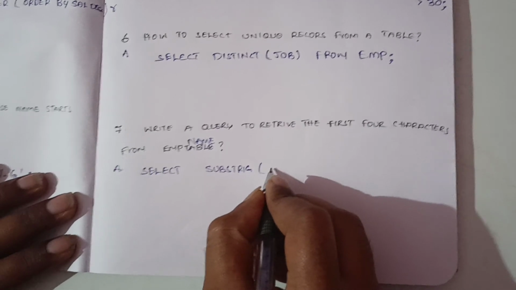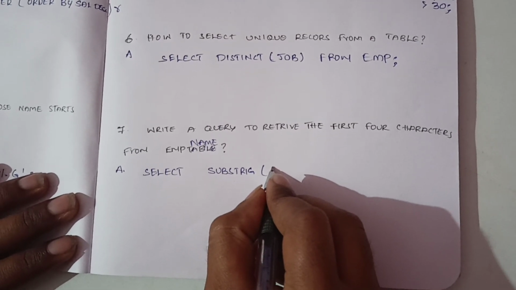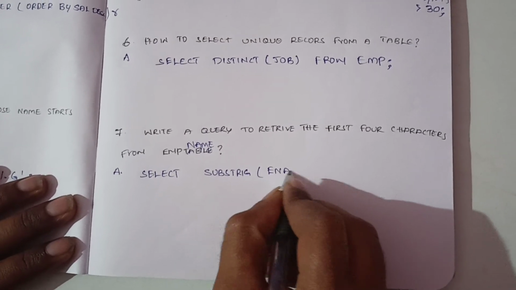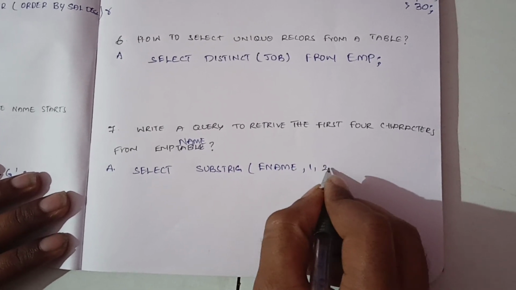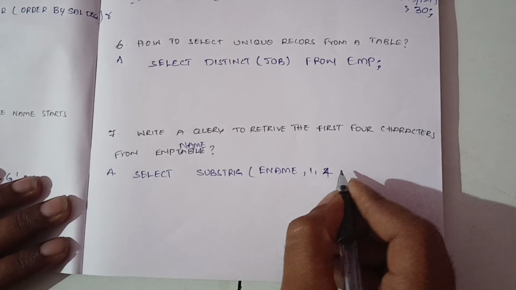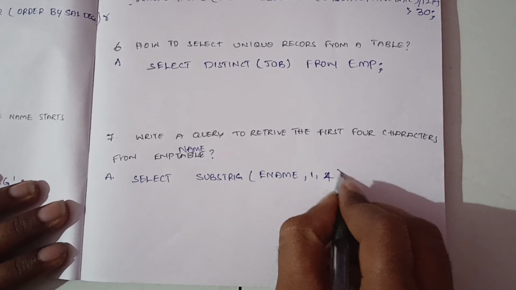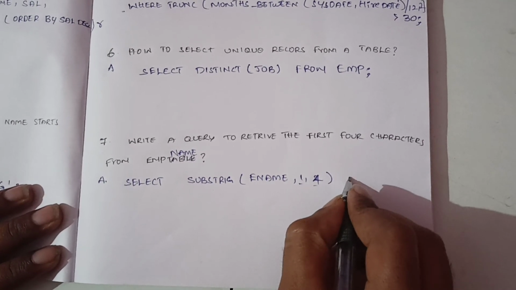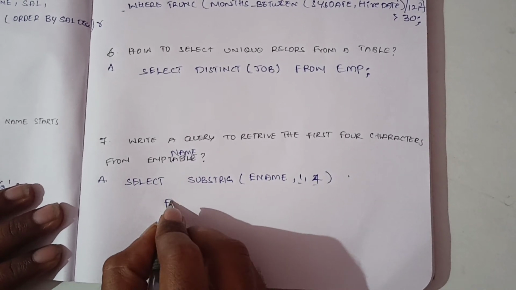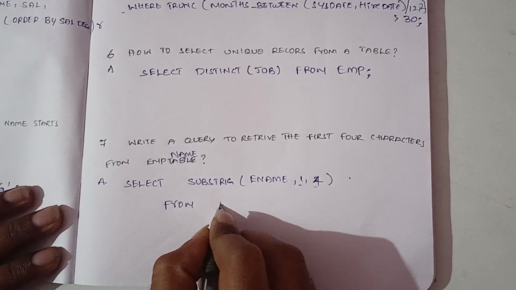Substring of employee name 1, 4. If you want 4 characters, you can get the first to 4 characters from employee table.